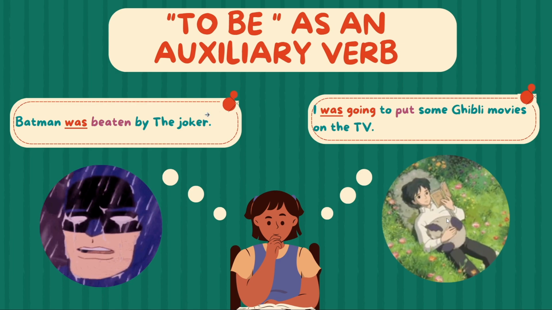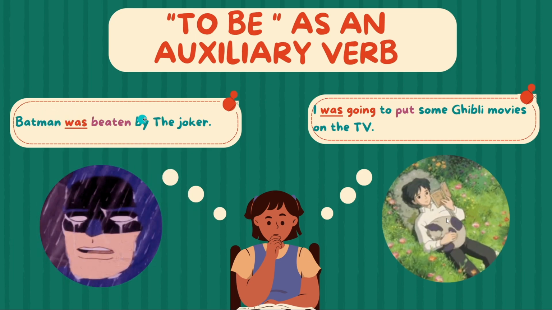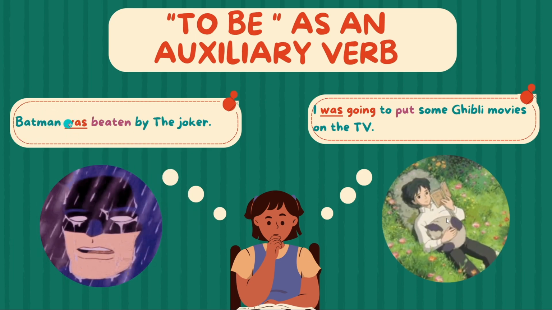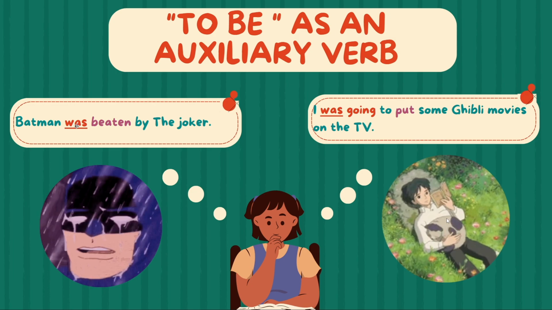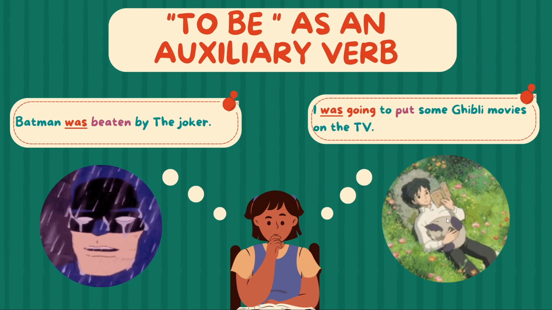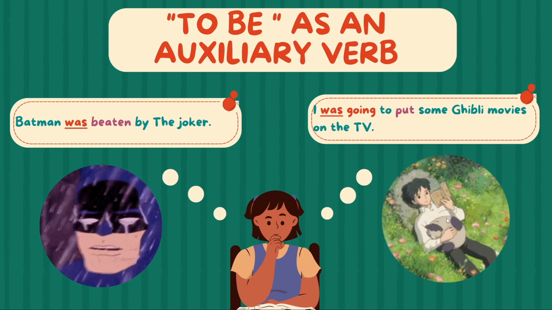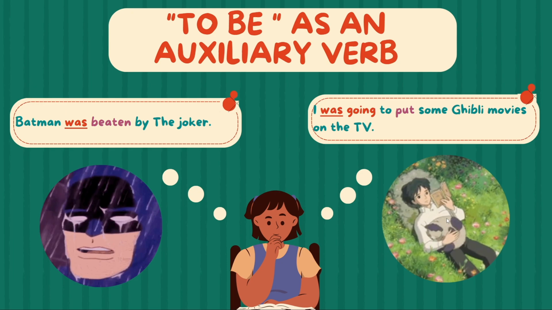It didn't happen, but someday maybe. Batman was beaten. Was is the verb to be in past simple, and beaten is the verb beat in the past participle.